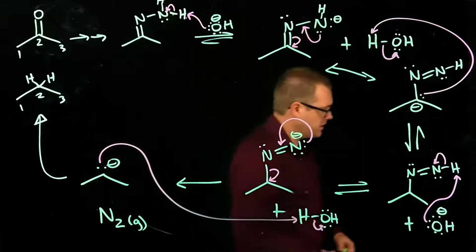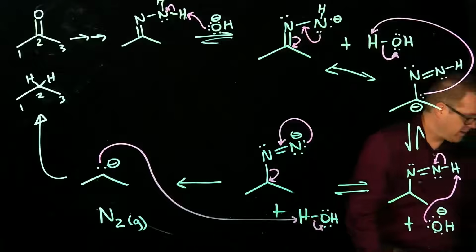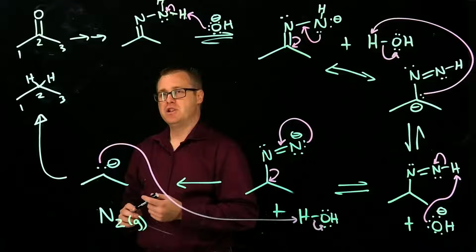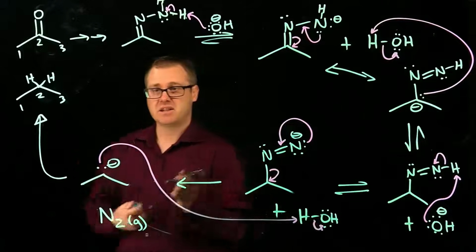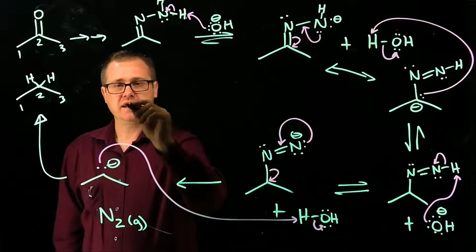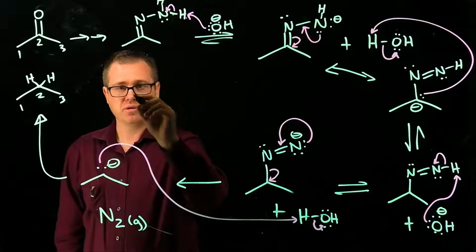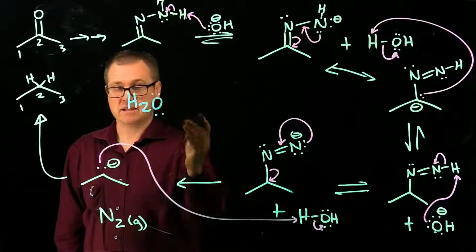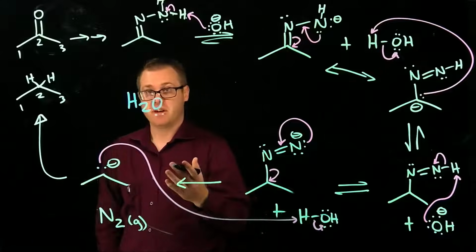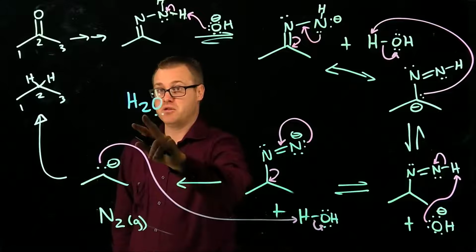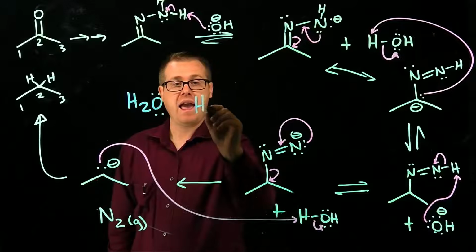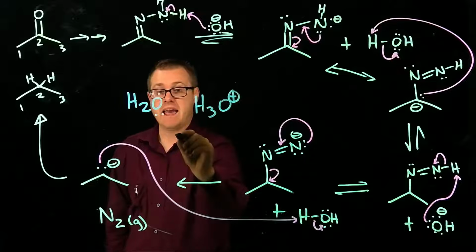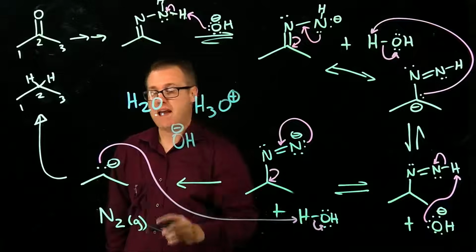So I want to remind you that when you are doing a reaction and you're under acidic conditions, your species can be neutral. So like, let's say in your reaction you have water. If you're under acidic conditions, it can be neutral and positive. But it cannot have a negative.